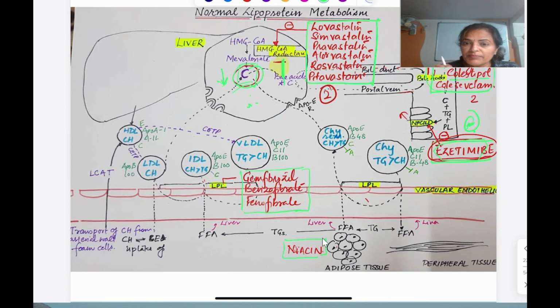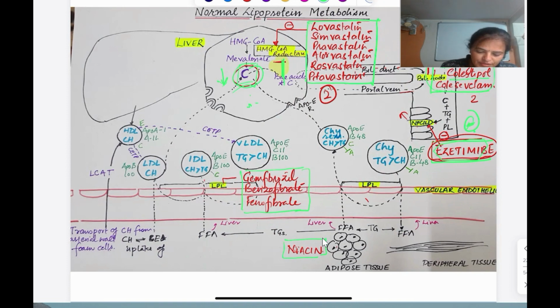So the bile acid is excreted in the feces. Now the body has to make more bile, and for the synthesis of bile it needs cholesterol, so it takes it up from the peripheral blood, so more LDL will be taken up from the plasma, and ultimately there is a decrease in the level of cholesterol in the plasma.